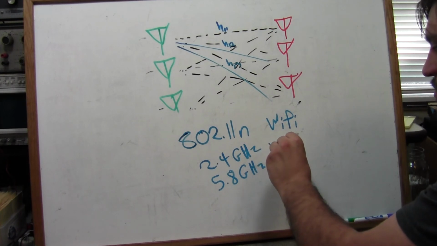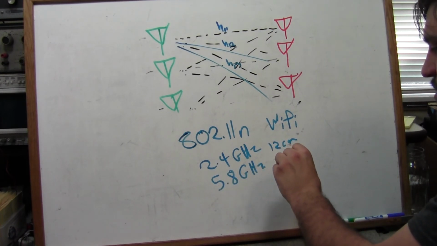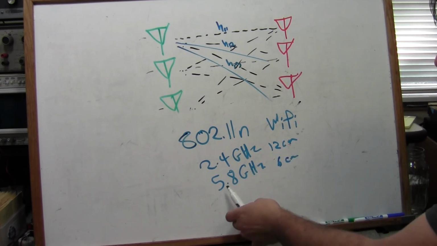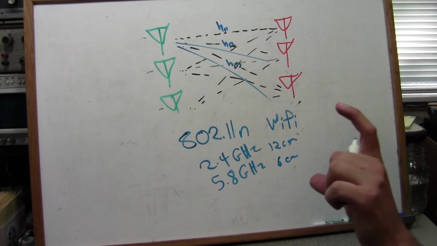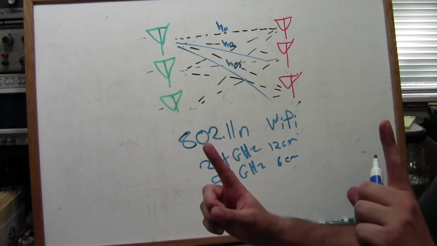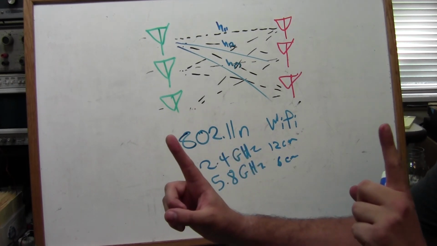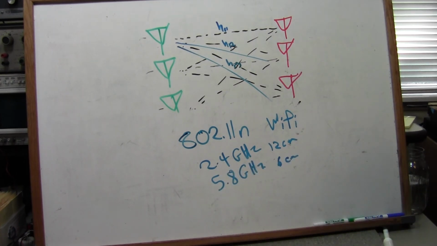So this is 12 centimeters here, and then it's half of that, so it's about 6 centimeters on the 5.8 gigahertz band, which means that since the wavelength is relatively short, it's easy to separate the two antennas on it significantly. For laptops, this is very trivial, since typically on a laptop, the two antennas are put on the opposite sides of the monitor, and that's plenty of separation for such a high frequency that Wi-Fi operates on.